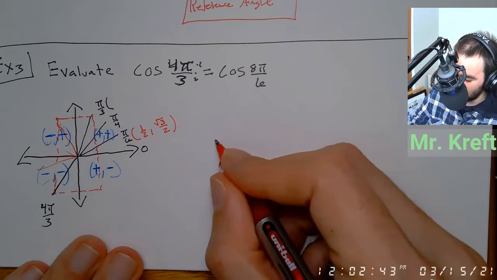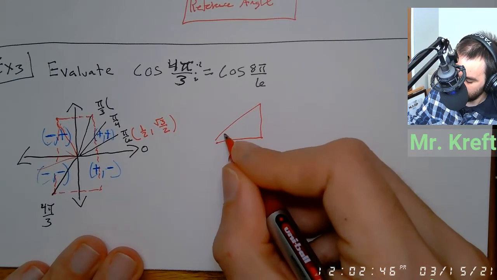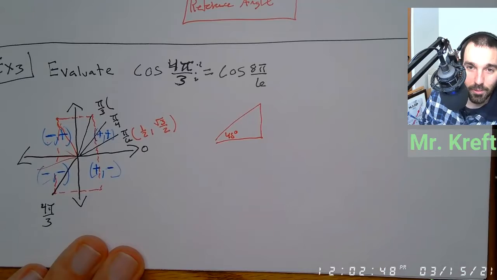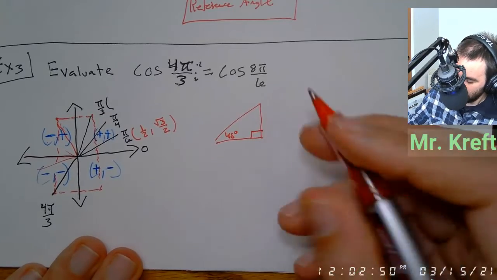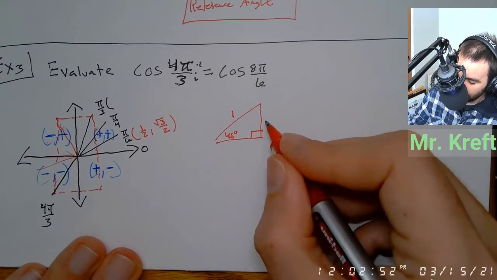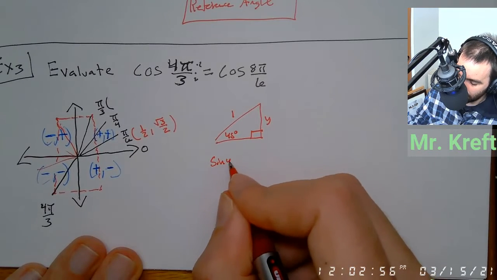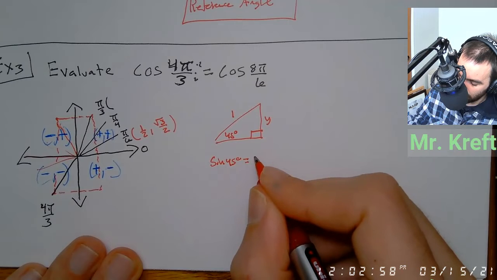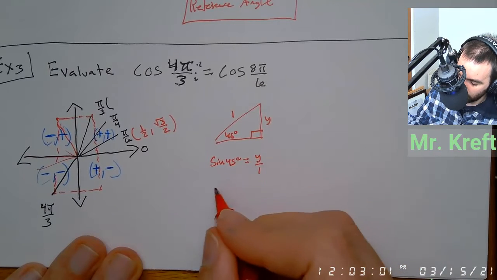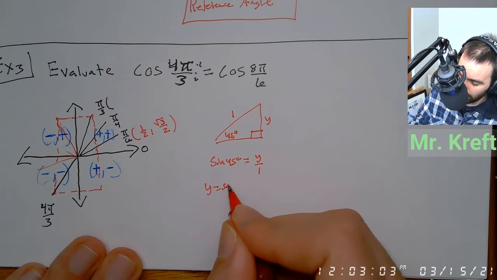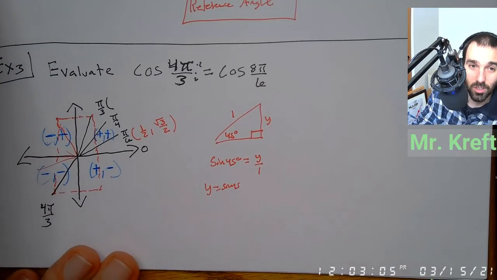You guys ready? So this is just a special right triangle. Right, so 45, 45, 90. So if this is 1, and I want to solve for y, then sine of 45 degrees equals y over 1. So y equals sine of 45 degrees.